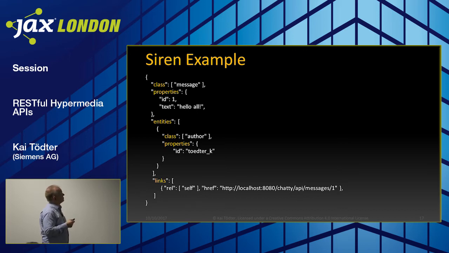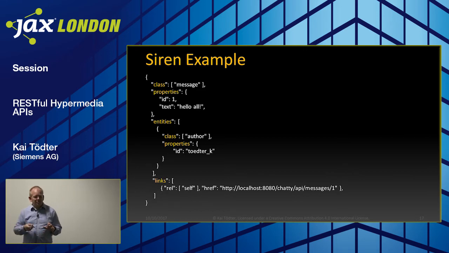Then one thing that is different compared with HAL is that the plain JSON properties that, if you don't use Siren, would be on top level are not on top level anymore. They are here within the properties attribute, and here a new JSON object starts.